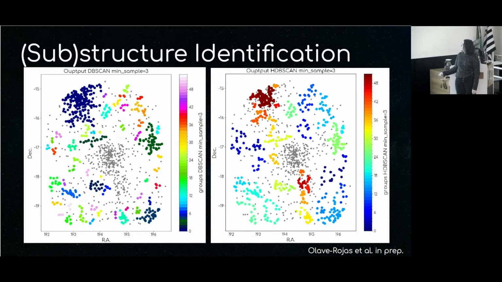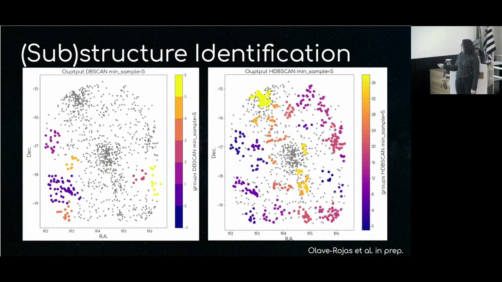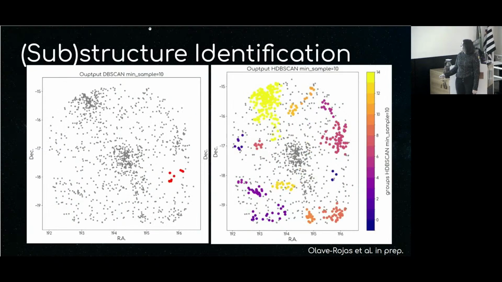And in this case, the estimation with HDBSCAN is more or less better. However, when you put more galaxies as the minimum number that a substructure can contain, we have a better result using HDBSCAN. In the case of 10 galaxies, you can recover different substructures that disappear when you use DBSCAN.